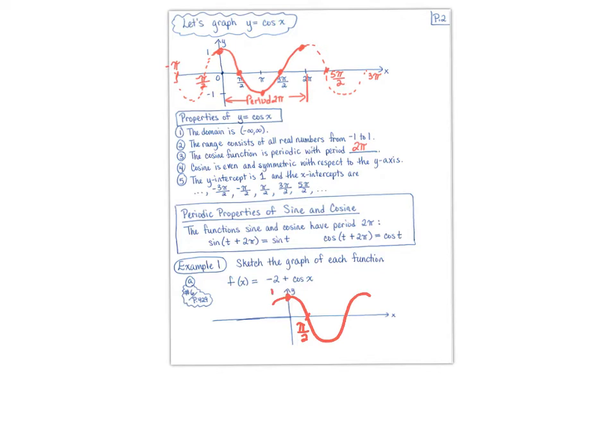That would be 1. Then this would be pi. This is what? 3 pi over 2, and this one is 2 pi. Good. So that is the graph of cosine of x. F of x equals -2 plus cosine of x is going to take that graph and do what to it?